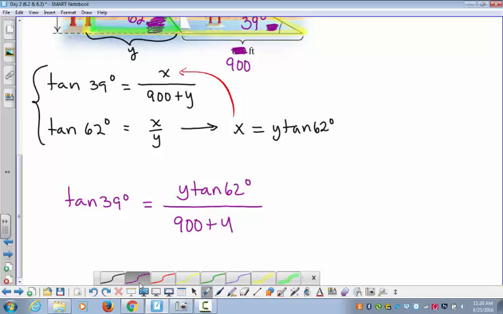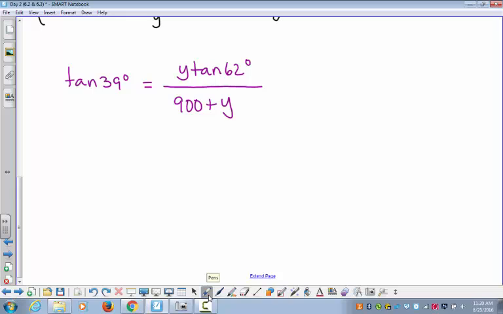So there we have an equation, a linear equation with one variable. And that's linear because the power on the y is 1. We all know that to solve a linear equation, we move all the terms that have the variable to one side, all the constants to the other. We factor if we have to, and then we divide.